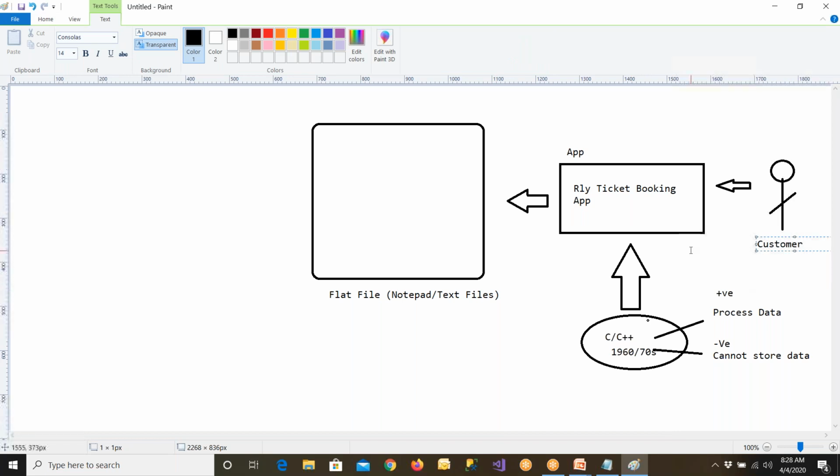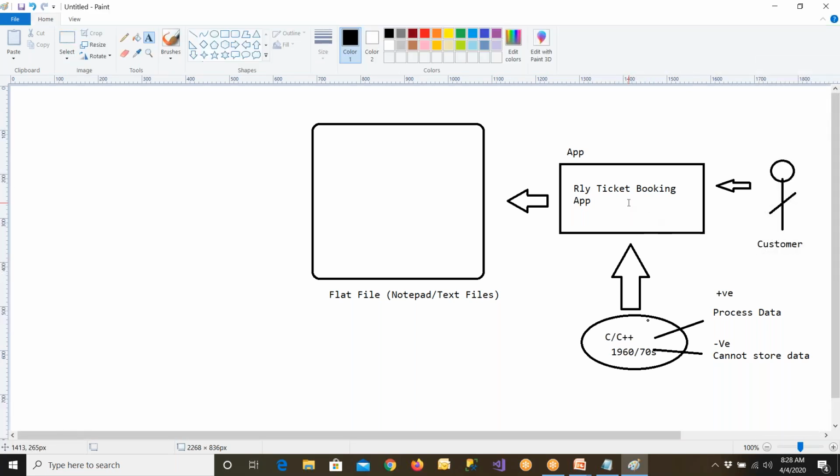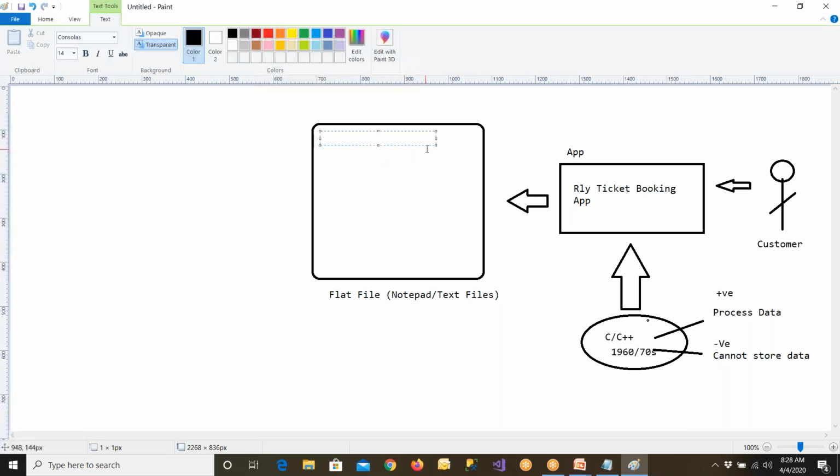So the customer visited and wanted to book a train ticket. Now he's providing lots of data. Ticket number is 1234. His name is Raj, male, and age is 32. He wanted to travel on 25th May 2020.